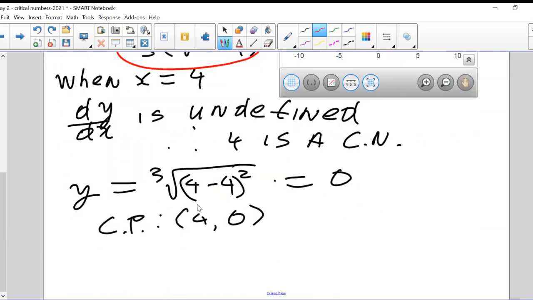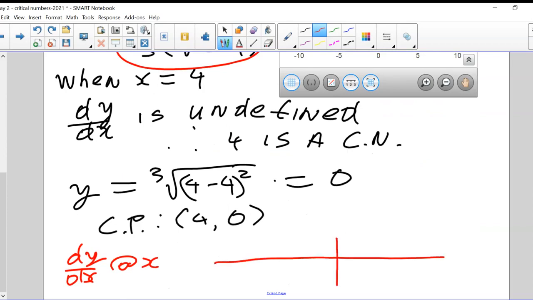So here we go. So dy dx at x equal, let's just use a table. We used a table the last time. So we're going to go from minus infinity to 3 to 4, sorry.